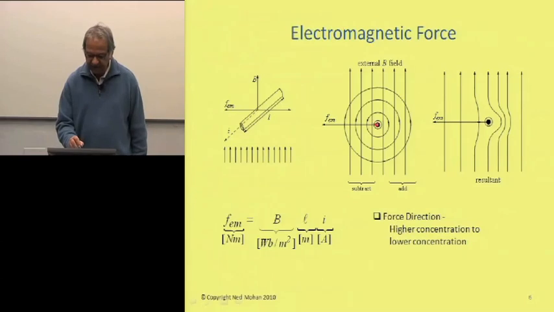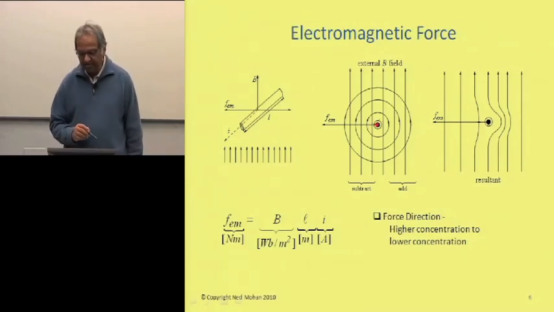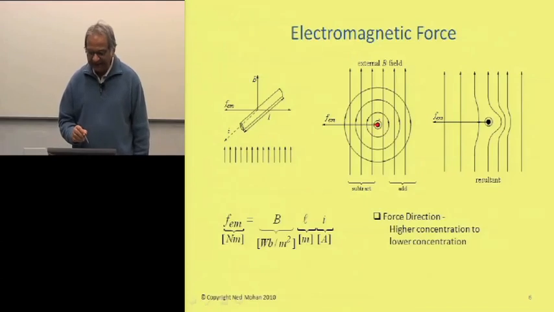Then the flux lines are, as you can see, counterclockwise due to this current. And then if this is in an external field as shown here, you can see that the flux lines add up on this side and they subtract on this side over here.